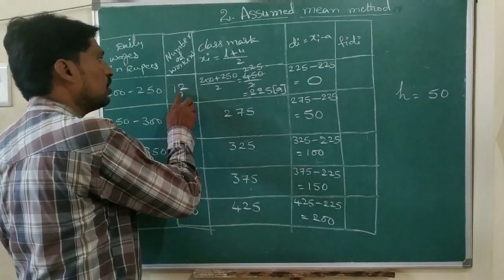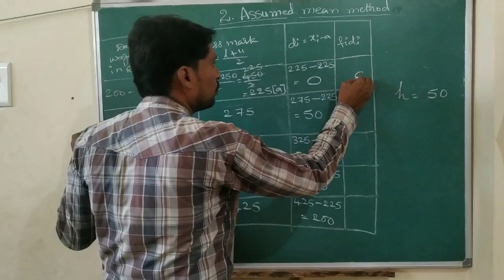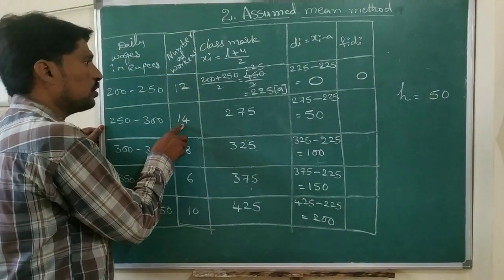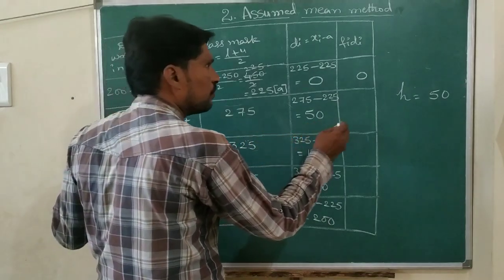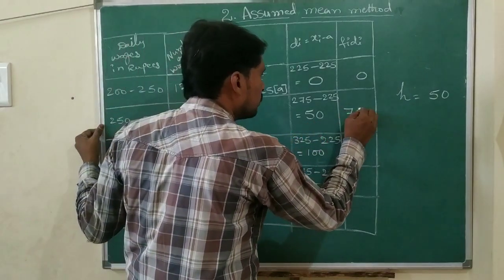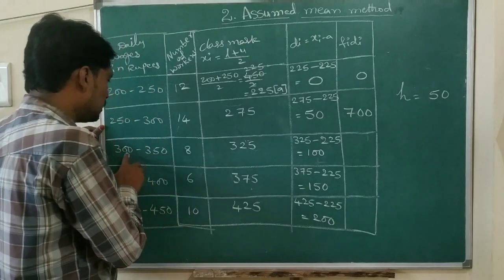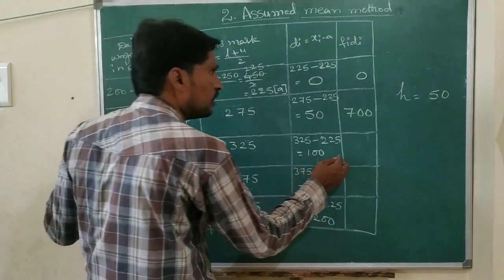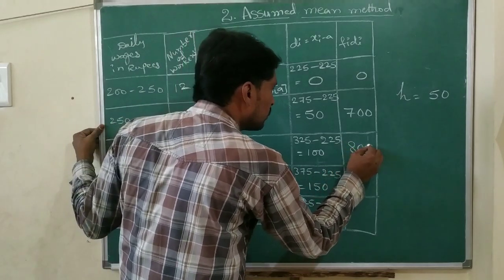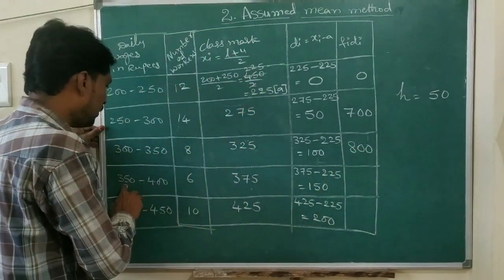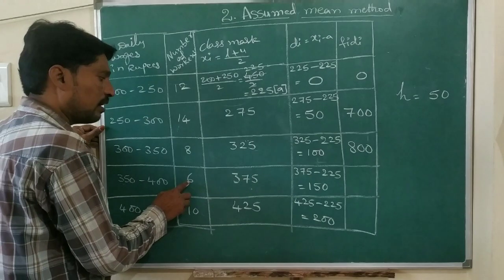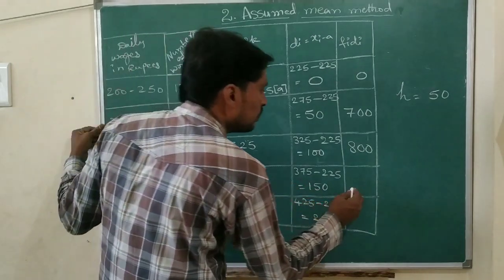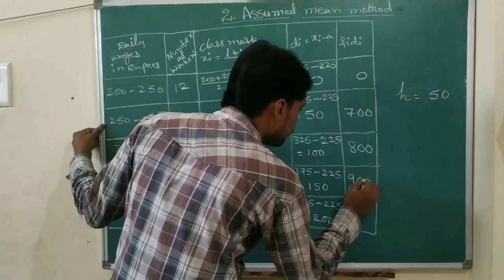First class interval, 12 into 0 is 0. Next class, 14 into 50 is 700. Next, 300 to 350 class interval, fi is 8 into 100, 800. Next, 350 to 400 class interval, fi is 6 and di is 150, 6 into 150 is 900.